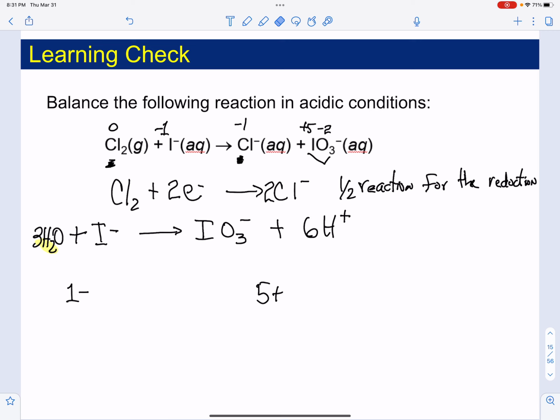However, we know that -1 is not equal to 5 plus. So the only way to fix that is by doing 6 minus over here, which gives us 1 minus, and 1 minus equals 1 minus. So that means we're going to be adding 6 electrons on the right side.